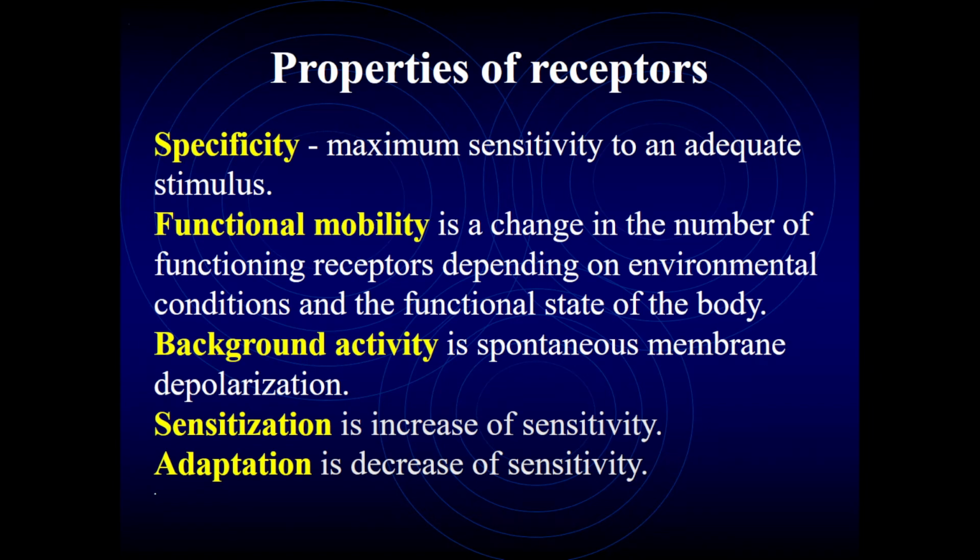What about properties of receptors? There are specificity, functional mobility, background activity, sensitization, and adaptation. What means specificity? Specificity is maximum sensitivity to an adequate stimulus.